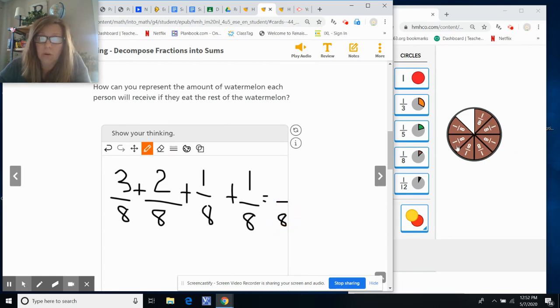We're talking about these eighths. But if you add together the individual units, we have 3 plus 2, which equals 5, plus 1, which equals 6, plus another 1 equals 7. Here is our answer, 7/8.